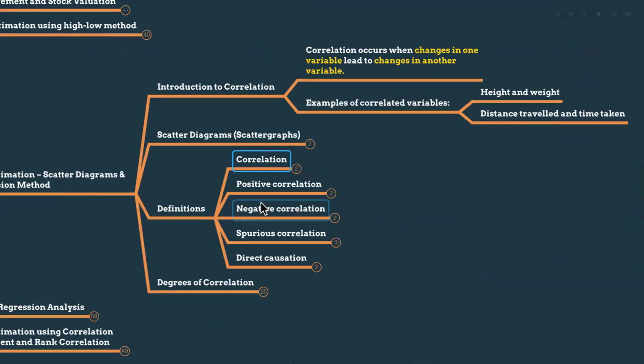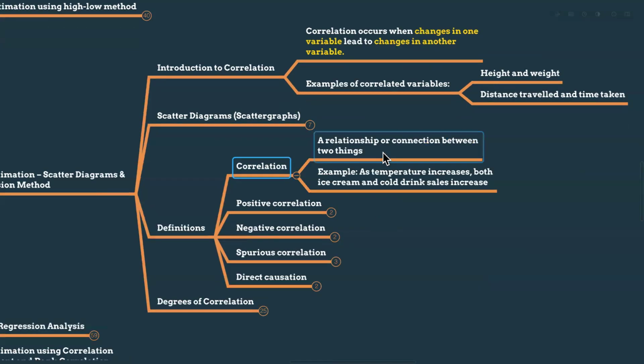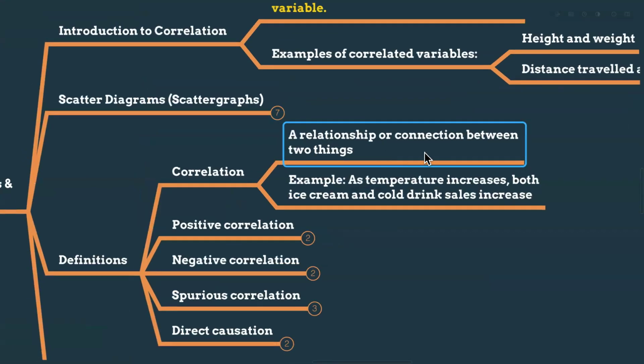And the definitions you have to know here. It's very important to understand. So the scatter diagram means it shows how two variables relate using dots on a graph. You can spot patterns like the more this, the more that, right? Now the definitions. Correlation means a relationship or connection between two things.